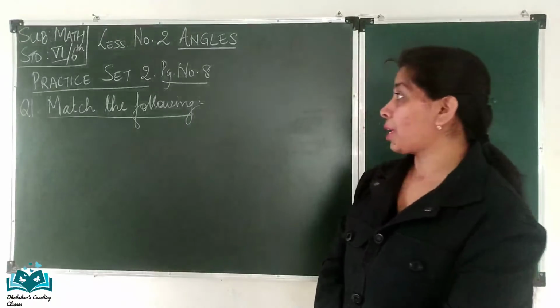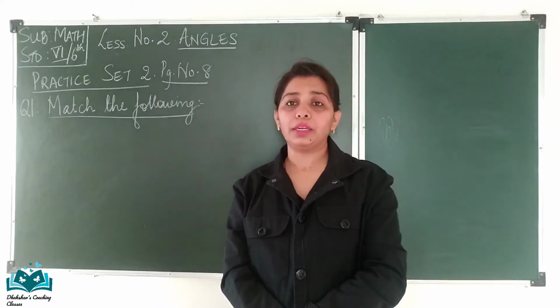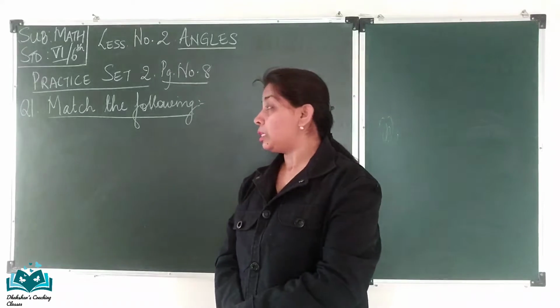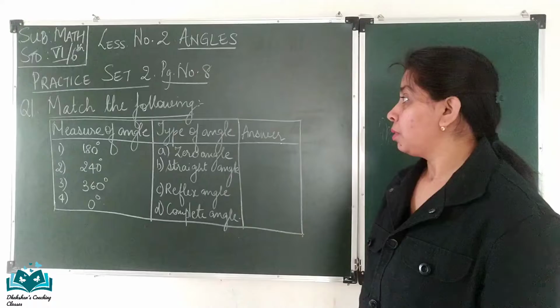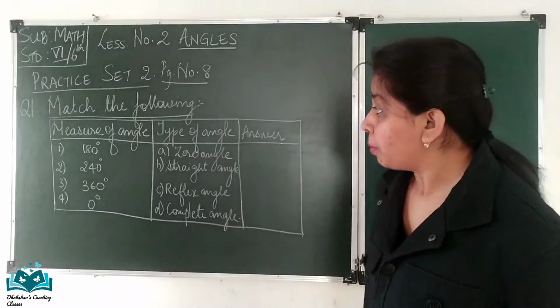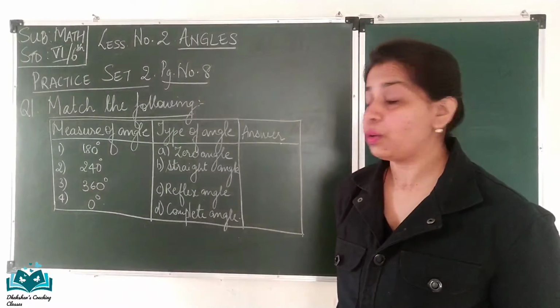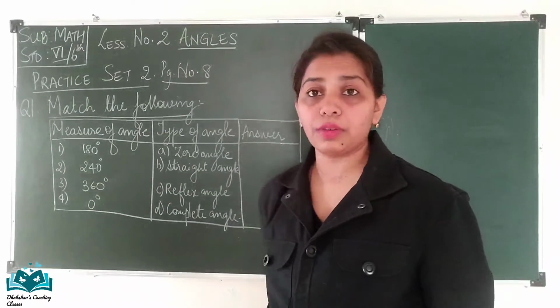Now starting with the practice set 2 from your maths textbook, page number 8, the first question is match the following. So the question says measure of angle, type of angle. So there are 4 angles whose measure is given.